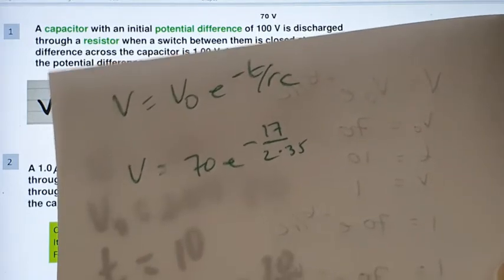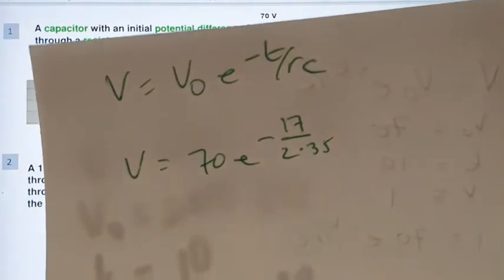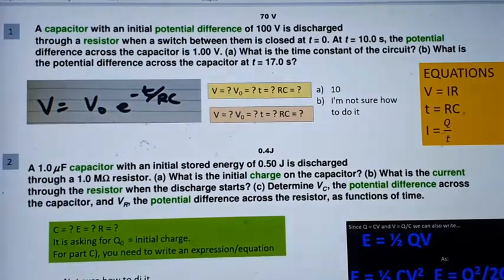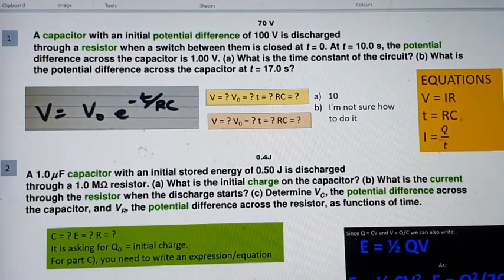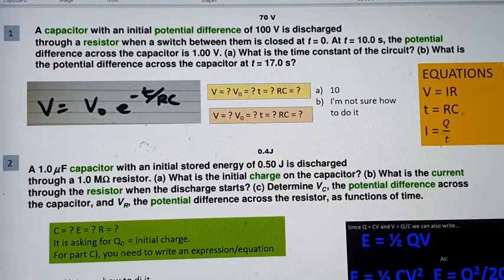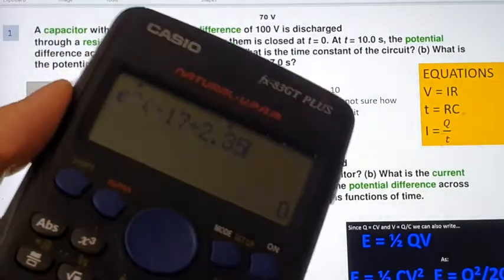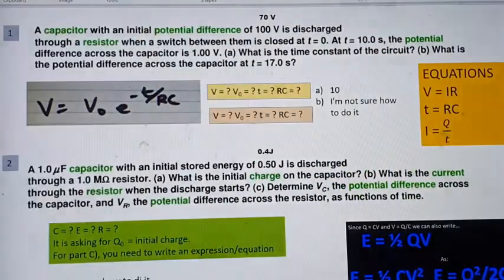I'm just doing 70 as an example, and then you just use the calculator. On the calculator you do e to the minus 17 divided by 2.35. That is what I have, and then I am multiplying that by 70.